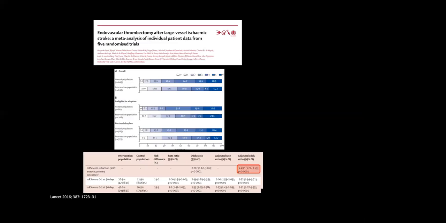This is a meta-analysis of five randomized trials. Overall, the intervention group shows a better modified Rankin scale score compared to the control group, and those who received alteplase prior to mechanical thrombectomy have a better outcome in terms of modified Rankin scale score compared to those ineligible for alteplase for various reasons.